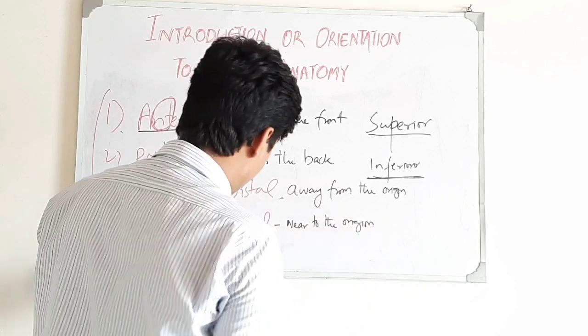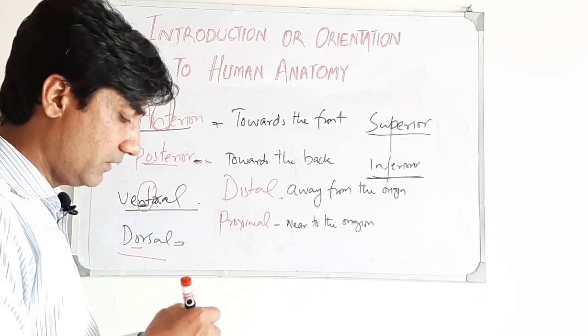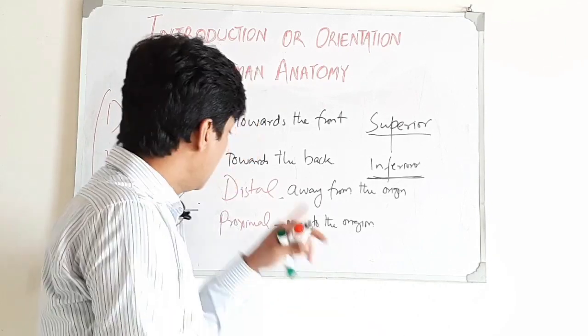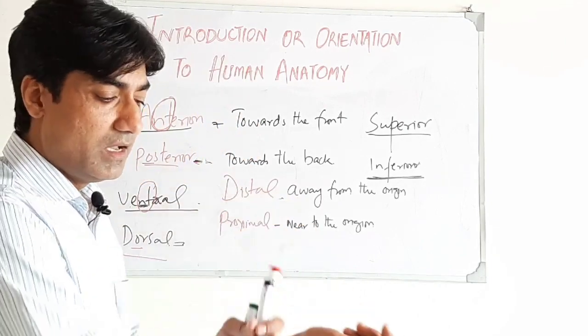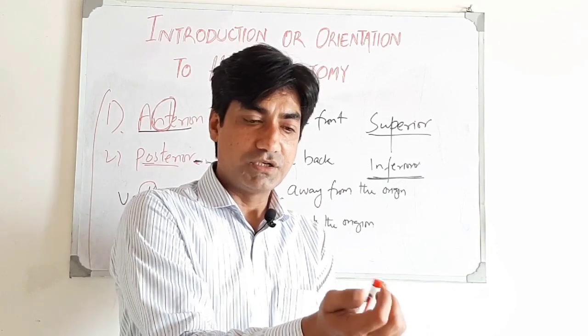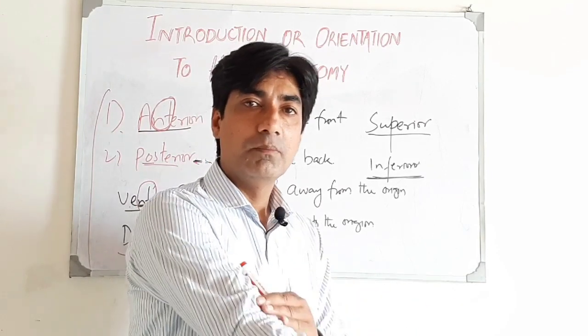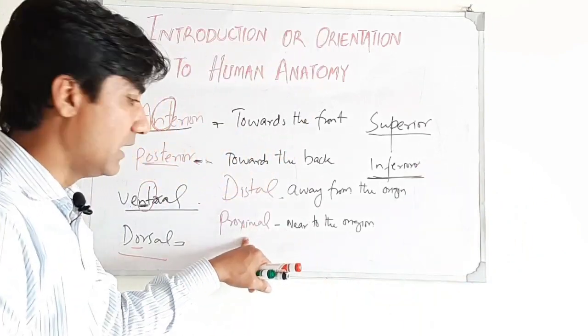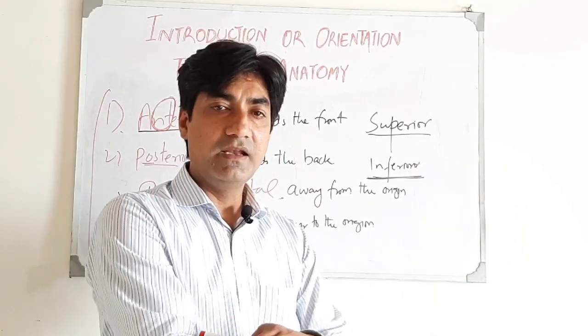Distal and proximal. Here is the elbow joint. This is the origin. What is distal? The wrist joint. The hand is distal to the elbow joint. And proximal: the ulna and radius are proximal to the elbow joint.